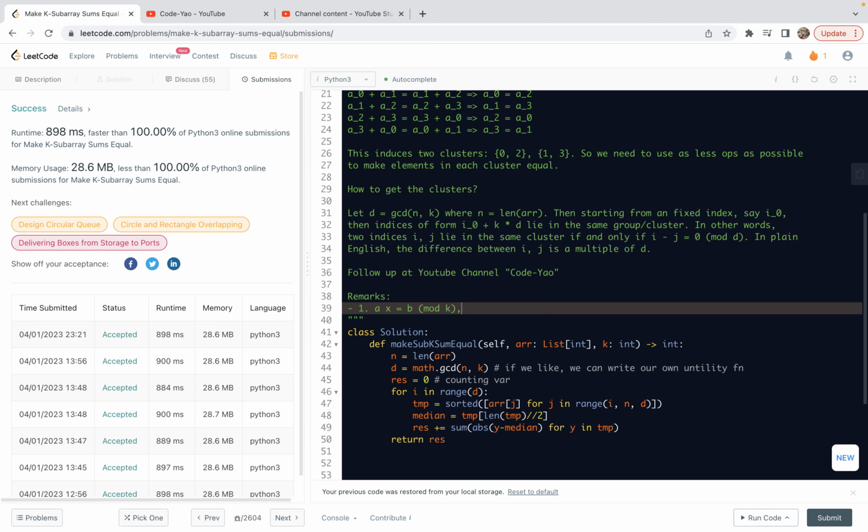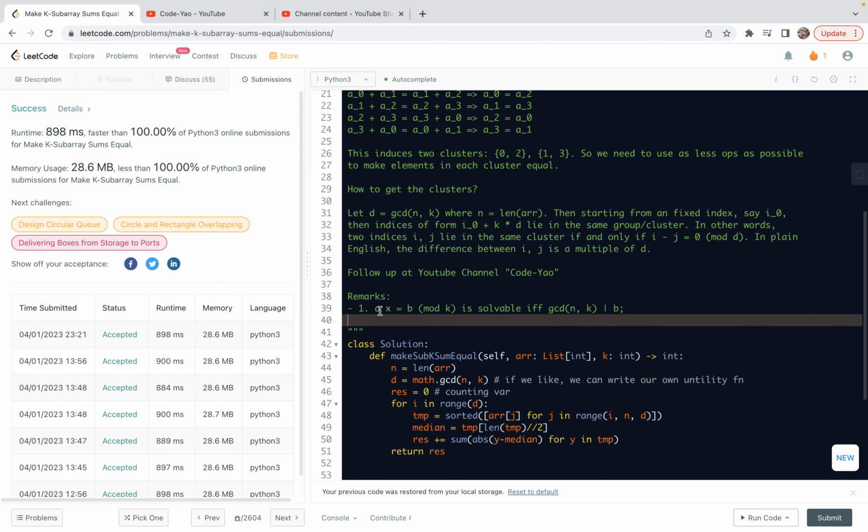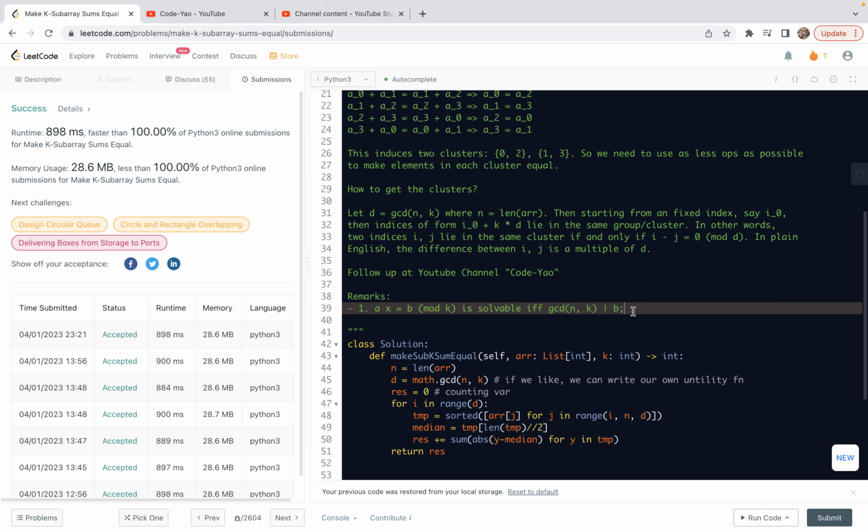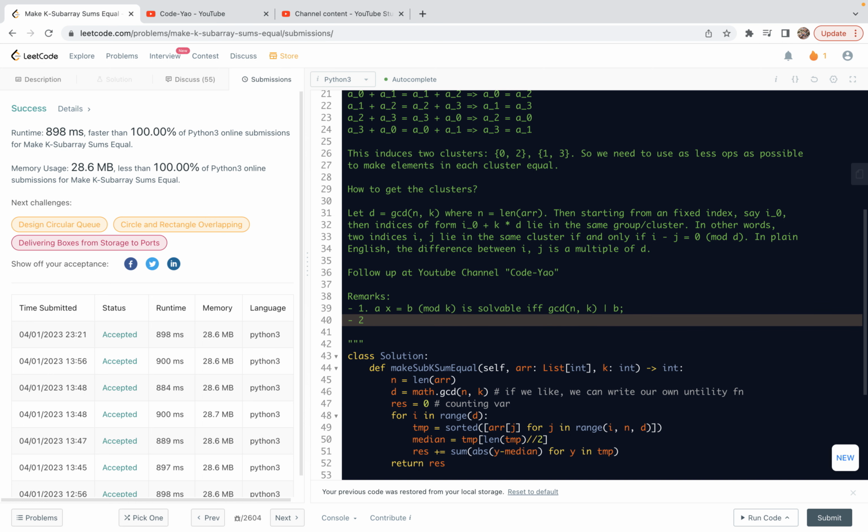This equation is solvable in the sense of congruence if and only if the GCD of n and k is a factor of this b, right? So essentially we are using this one, but if you are interested, you can try to prove that. If you have some mathematical background, this is actually very straightforward. So this is the one thing.